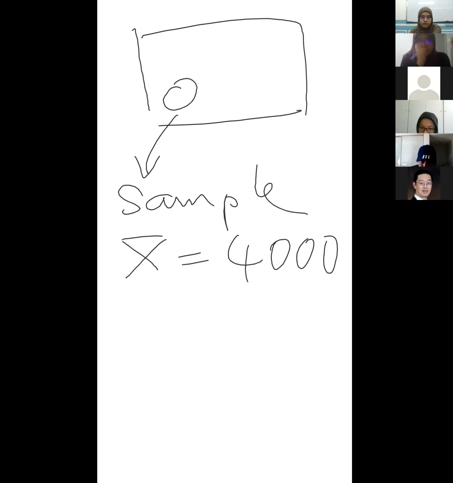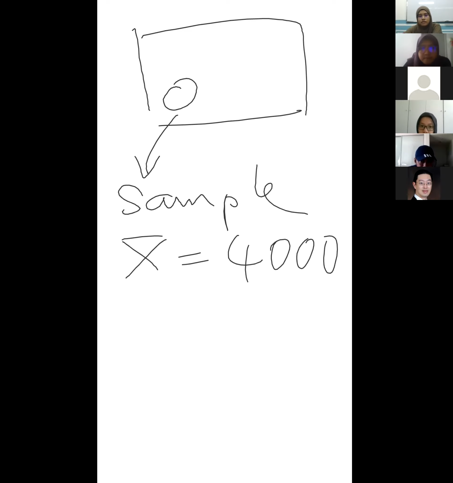Why can't we study the whole population? It's too big. Yes, too large. So what is the problem with the number being too large or too big? Anybody?